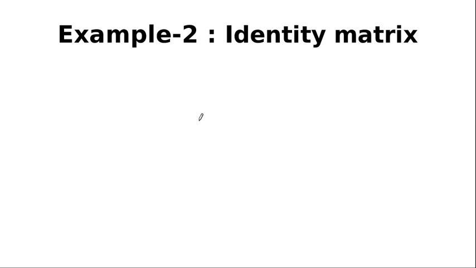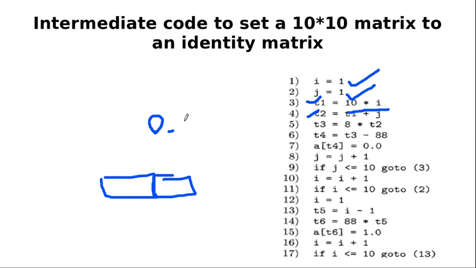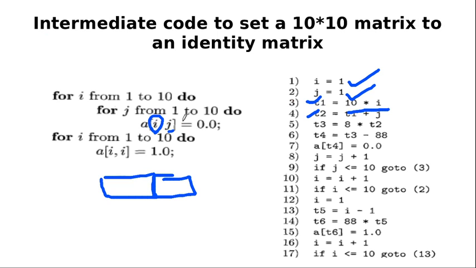If you clearly observe in our code, it is the real number 0.0, nothing but float. I am assuming 4 bytes for an integer and 8 bytes for a float. So what value am I calculating? Row number into 10 plus j, I get a certain value and store it in t2. Then t2 is multiplied by 8 bytes, and I get t3.